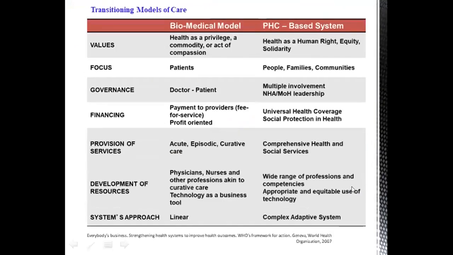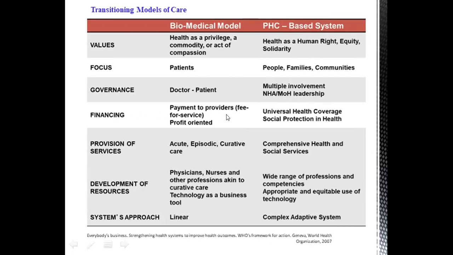These are interlinked. There has been a transition in the model of care over the last few decades, for example, from the biomedical model to the primary healthcare based model. The biomedical model takes health as a privilege, a commodity or an act of compassion, whereas primary healthcare considers it a human right, equity, and solidarity. The biomedical model focuses on the patient, and primary healthcare focuses on people, families, or communities. Governance in the biomedical model is doctor-patient, while primary healthcare involves multiple leadership.